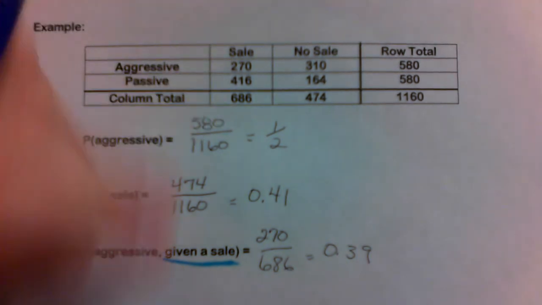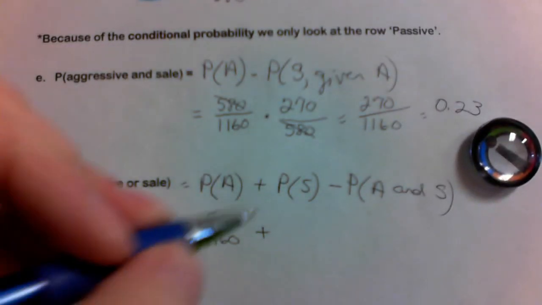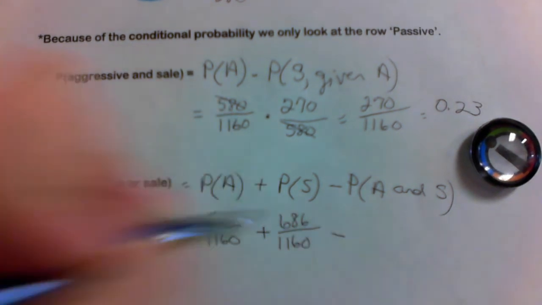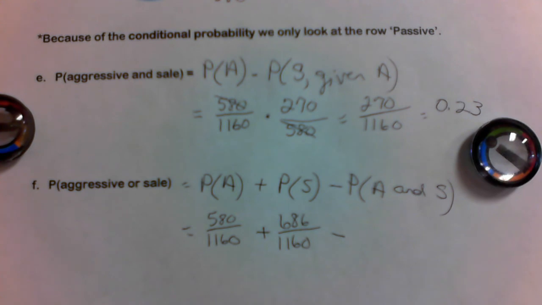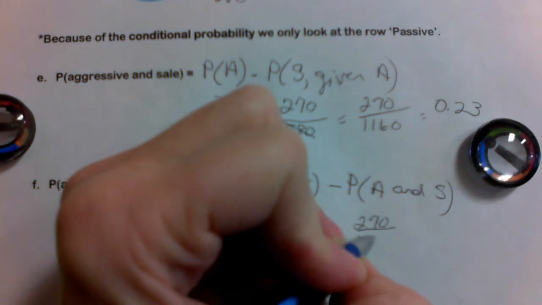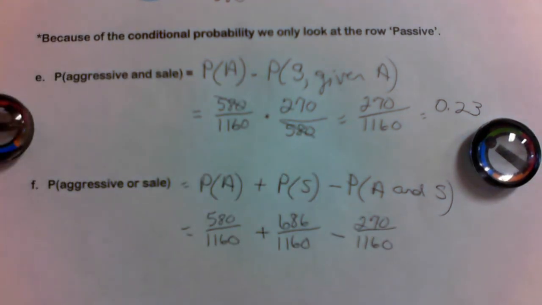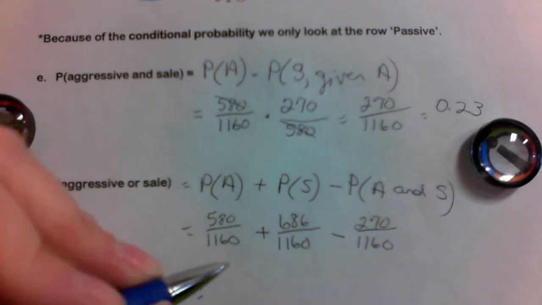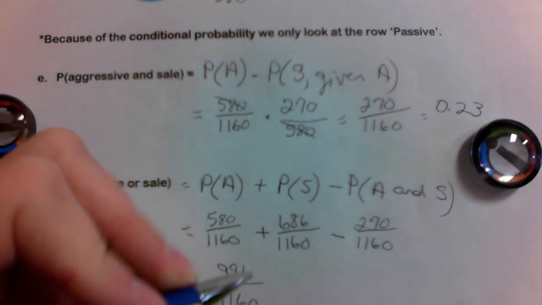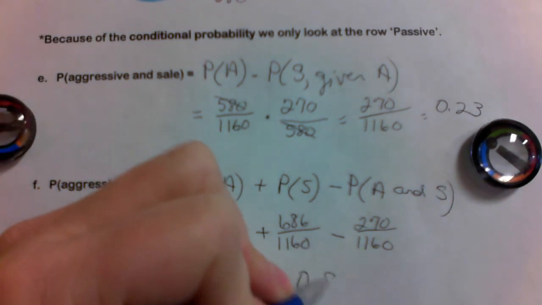Sale is 686. So 686 out of a total 1160 minus the probability of aggressive and sale. Well, we just found that in part E. That was 270 over 1160. So you would do 580 plus 686 minus 270, because we have common denominators, and you would get 996 over 1160, which is approximately 0.86.